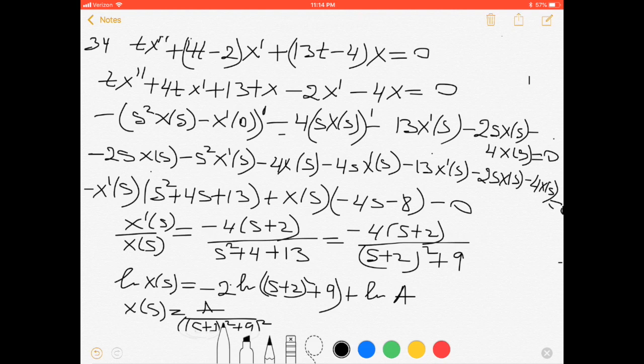And remember what has happened, we have x from c will be c e exponent minus 2c multiplied by sine 3c minus 3c cosine 3c.